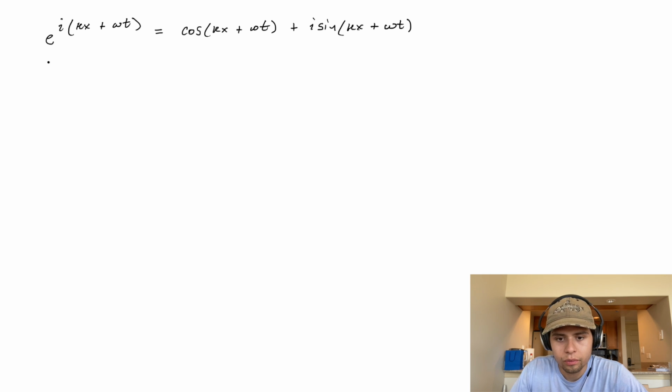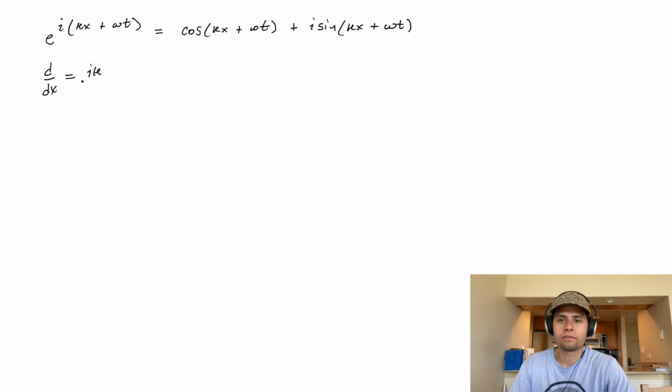What we'll see if we take the derivative of this with respect to x is that, again, this is just ik, because this is all linear. So you can take the derivative of this, and you can find that the eigenvalue for dx is ik, and the eigenvalue for dt is i omega.